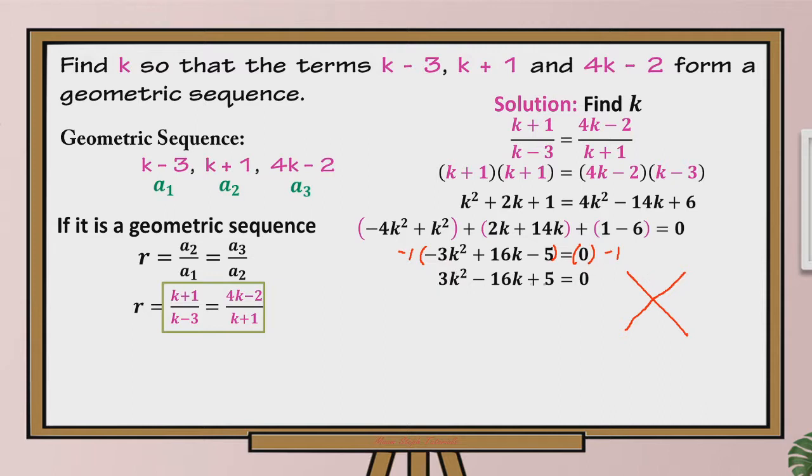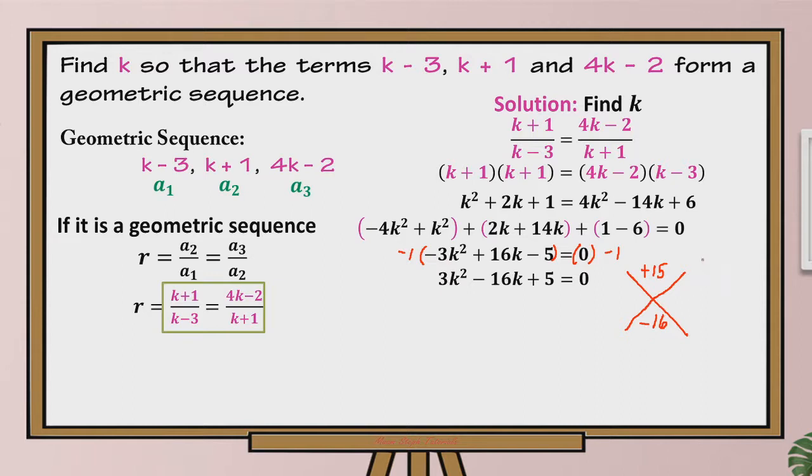So, 3 times positive 5, the result is positive 15. Sa baba naman, ilalagay natin yung coefficient ng ating linear term. Negative 16. Okay. So, dito sa part na to, ilalagay natin yung factors ng positive 15 na when added is may sum na negative 16.